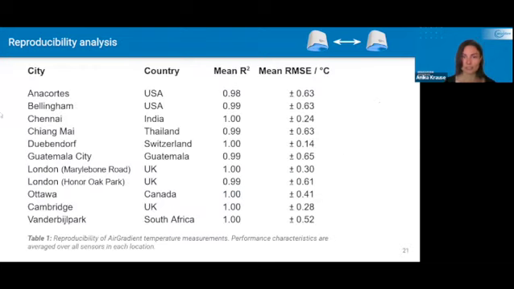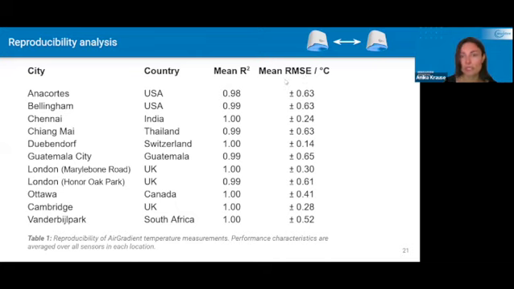And when I did that for a couple of locations, here you can see the results. So the R-squared value, the measure of how linearly correlated, how well agreeing the sensors are, is in all locations pretty much 1. So that shows that it has really high agreement.